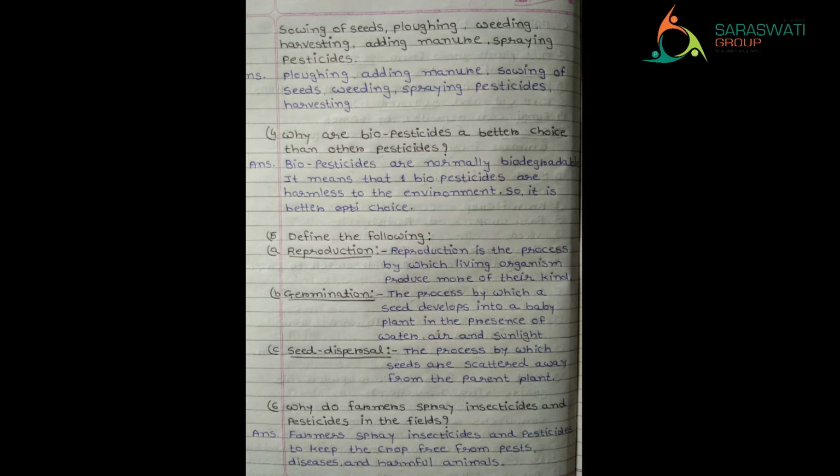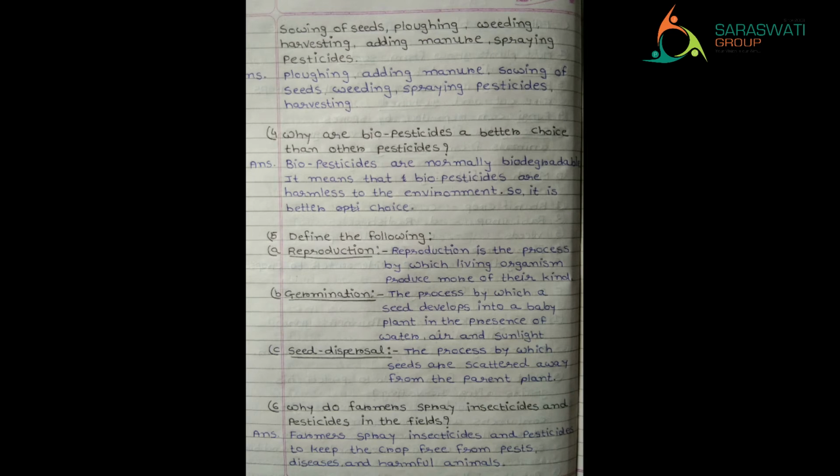Okay, now the third one, seed dispersal. The process by which seeds are scattered away from the parent plant. Going away from their original place, right? So who goes away? The seed. So that is what? Seed dispersal. Okay?